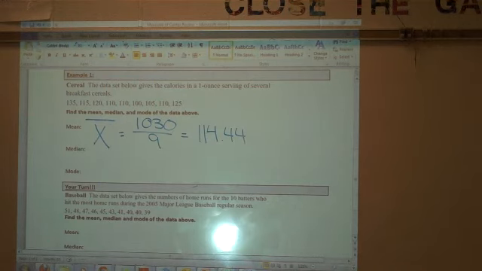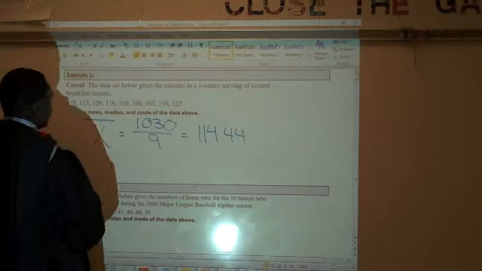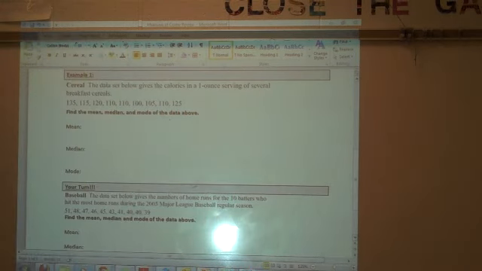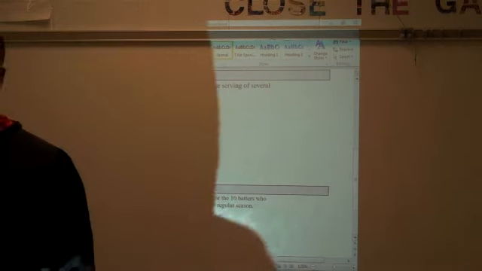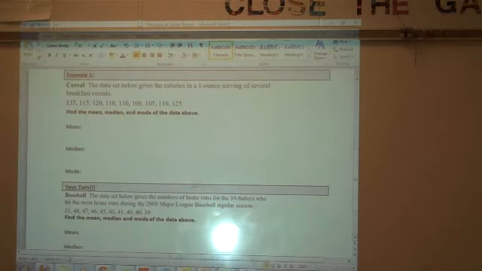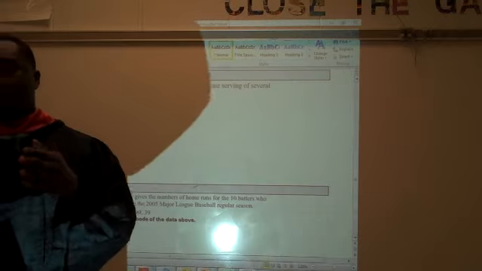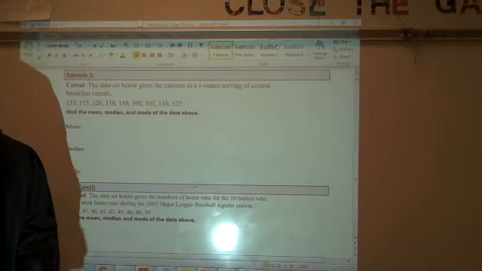So let's talk about how we can calculate the second statistic, the median. The first thing we have to do, if you guys remember this from middle school, is align my numbers from least to greatest. The median is going to tell me about the number that's directly in the center. In order to do that, I need to have my numbers lined up from least to greatest.